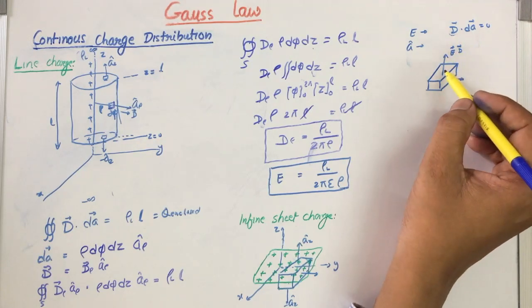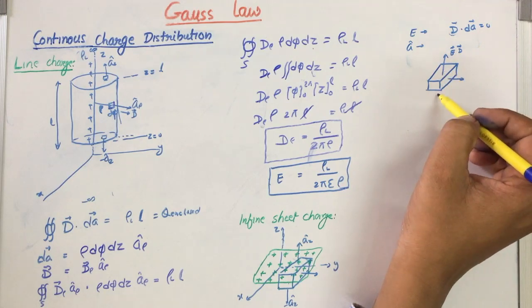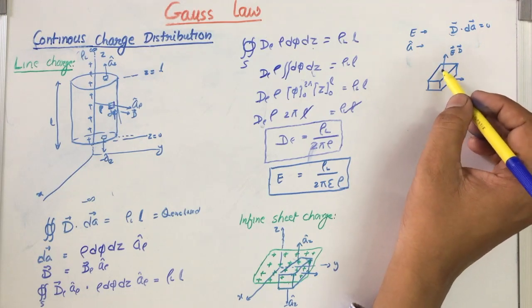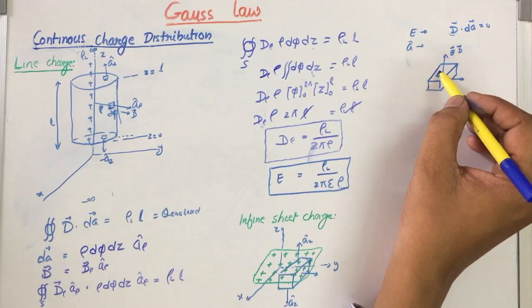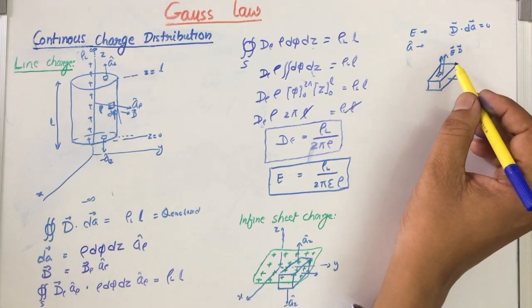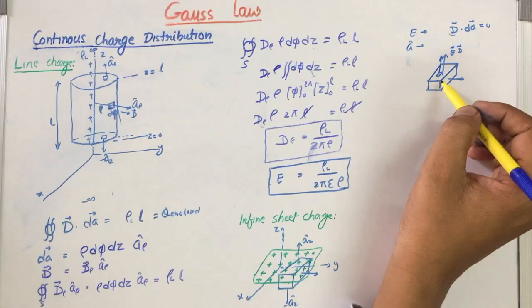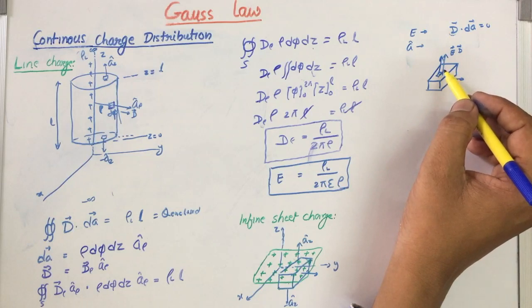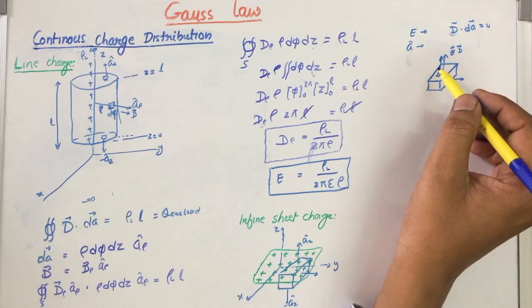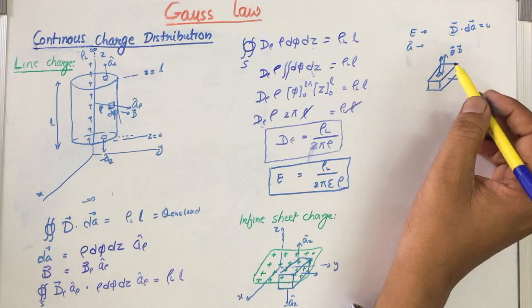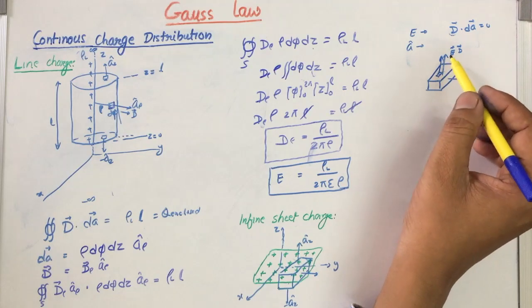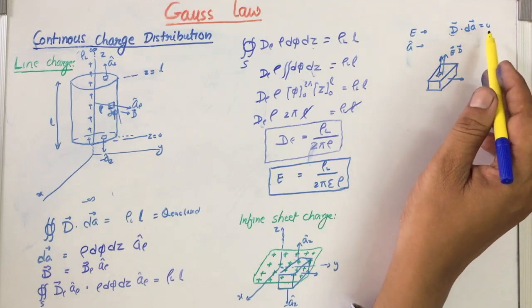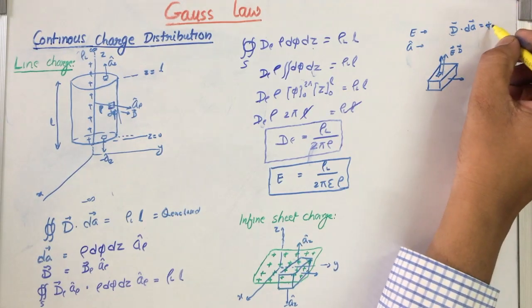But think in the case of the top surface and bottom surface. At the top surface, the area vector will be towards the outside of the surface, normal to the plane, and the direction of E is upward due to the positive charge. So both are in the same direction, and D dot dA will give you a positive value.